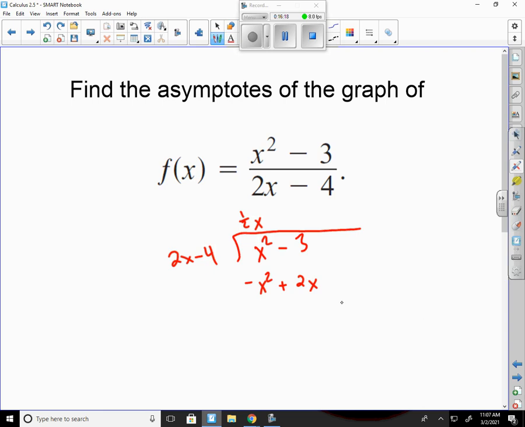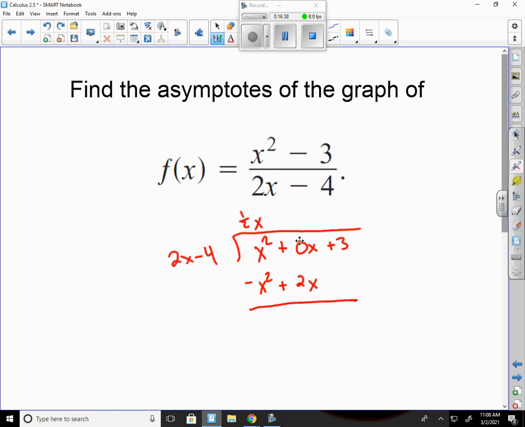Now I will say that I have committed a cardinal sin here by not filling in a gap. I should have made a plus 0x and then minus 3, because you have to remember to fill that gap in.